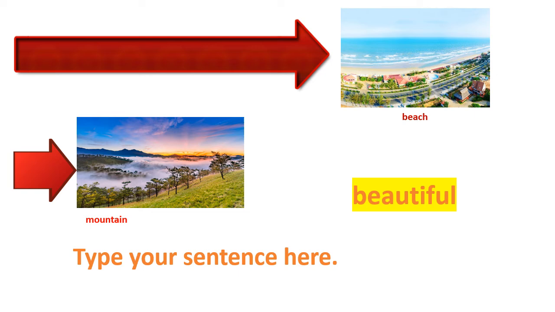So for this slide, there's actually more than one possible answer. There is more than one correct answer for this. So remember the rule about 1, 2, 3, beautiful, three-syllable adjectives.